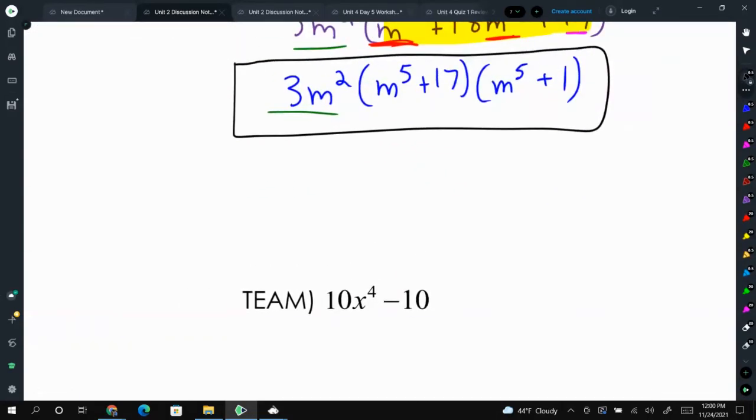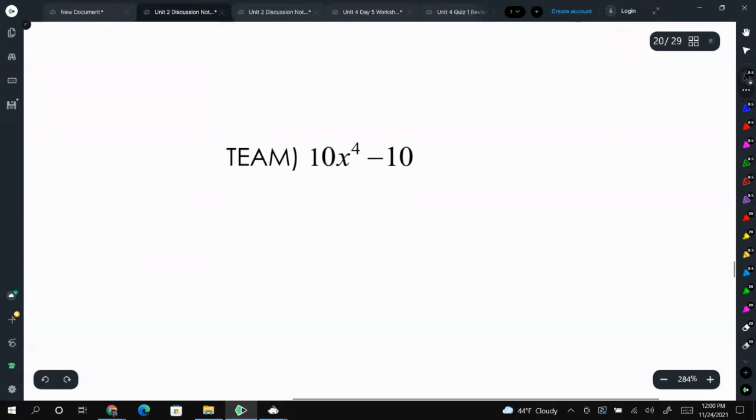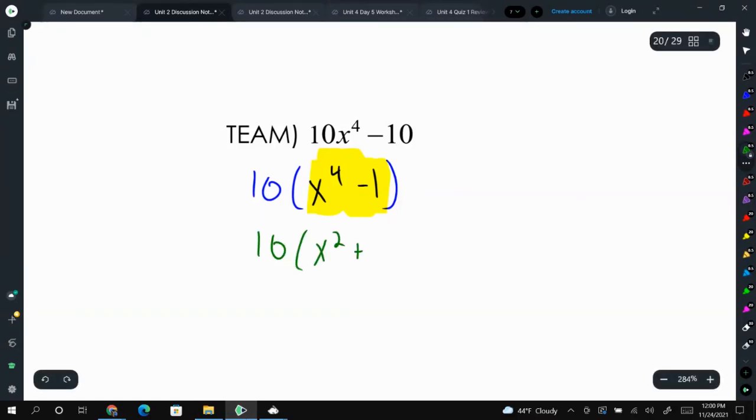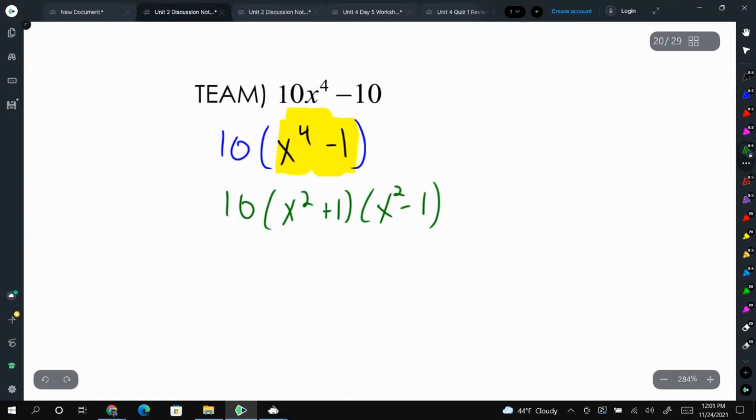I'm going to do this one down here, and then I'll have you try the rest. So factor out a 10 from both of these, and we're left with x to the fourth minus 1. This, again, is a difference of squares. So x squared minus 1, because the square root of x to the fourth, again, is x squared.